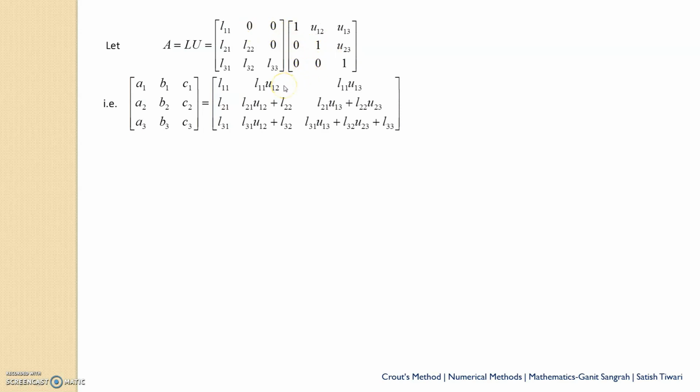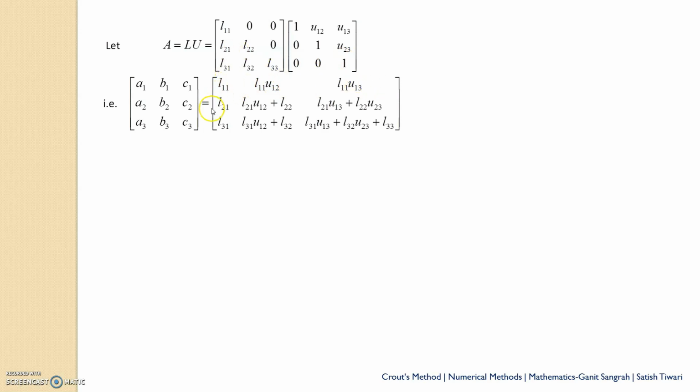The second element we got here. Now multiplying the first row with the third column to get the third element in the first row. So L11 is multiplied by U13. Then this is 0 into U23 and this is 0 into 1. So this way we get the three elements of the first row.